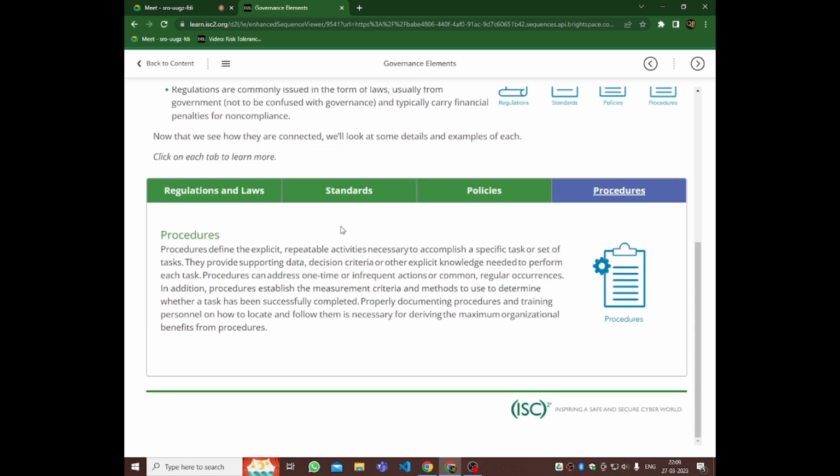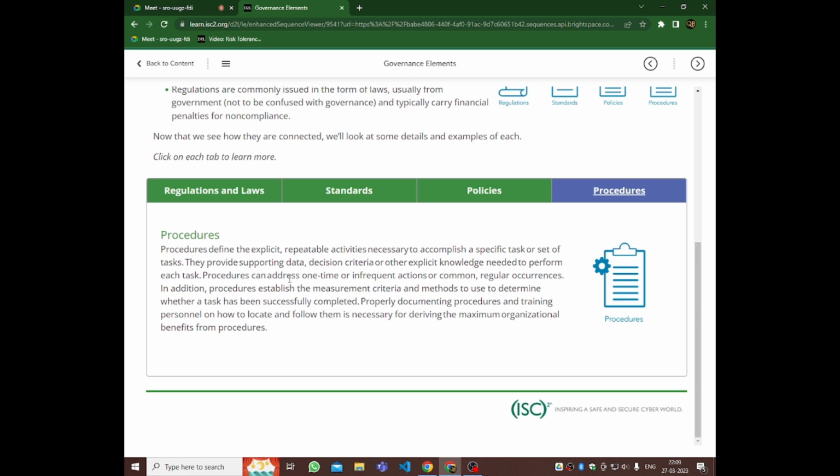The next is procedures. Procedures define the explicit, repeatable activities necessary to accomplish a specific task or set of tasks. They provide supporting data, decision criteria, or other explicit knowledge needed to perform each task.